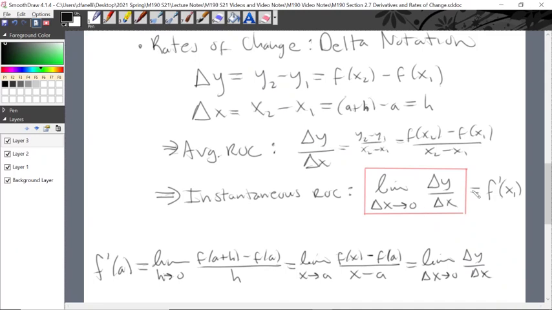In fact, this lends itself well to the other primary notation that is used when looking at a derivative, and that is the Leibniz notation. Leibniz notation for the derivative would be to write something like df over dx, and then we would evaluate that at x is equal to x1.